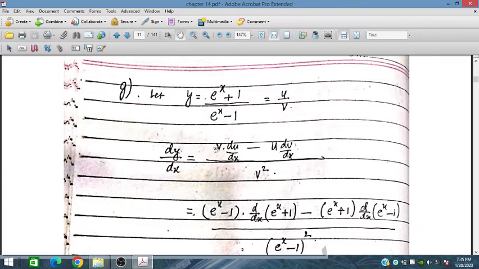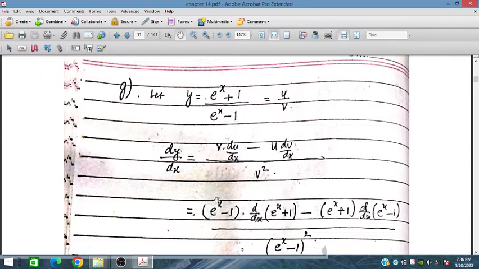So it is denominator times differential of numerator, minus numerator times differential of denominator, over denominator square. u is the numerator and v is the denominator, and this is the formula used in u over v cases.